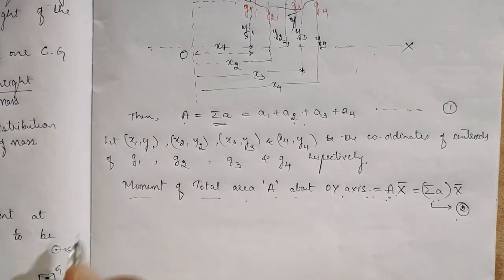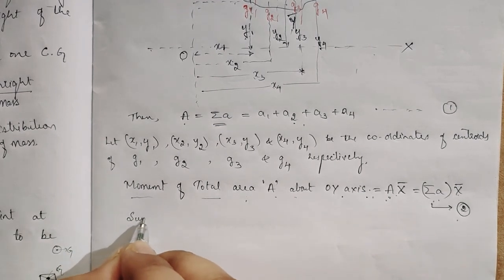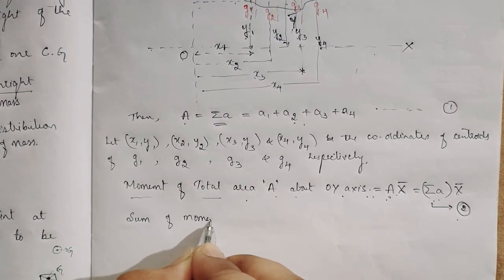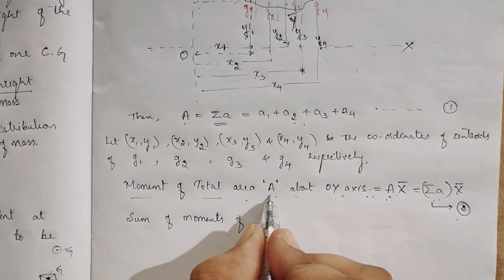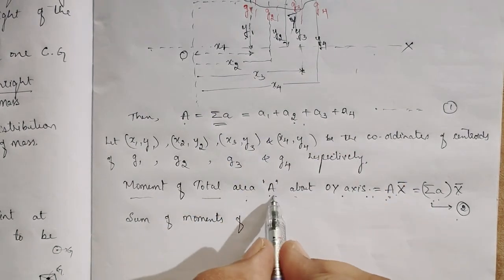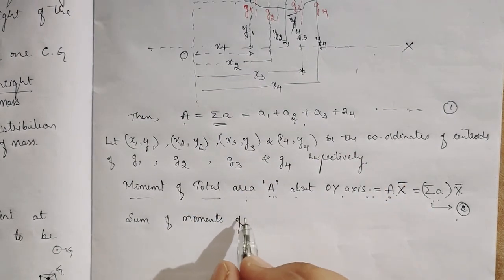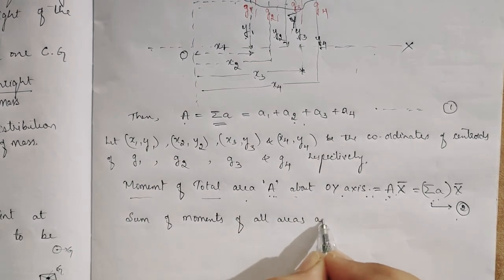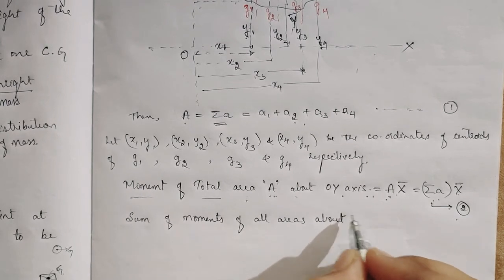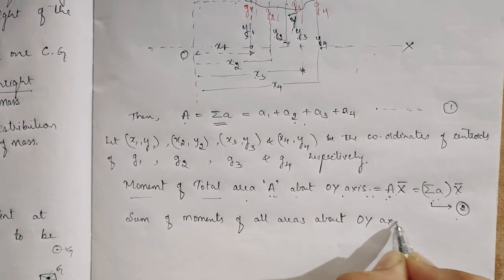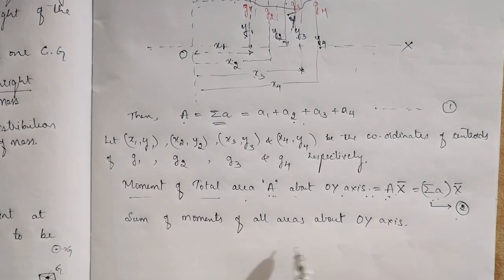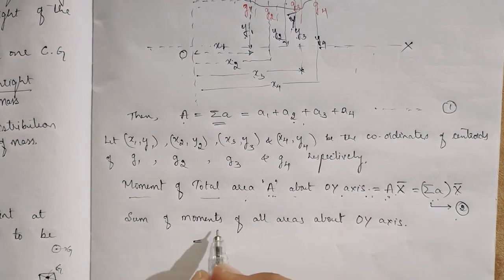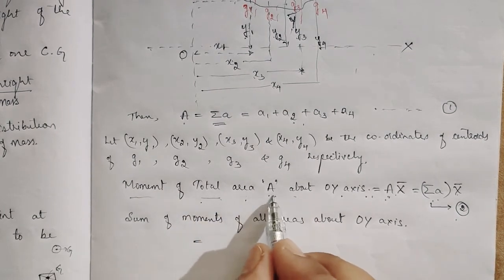Now I'll add the sum of all the moments. That was the full total area. Now if we take the moments of the smaller areas, what happens? The sum of the moments of all areas about the OY axis, we divided, no? So based upon this, the moment of the total area is A into x bar.